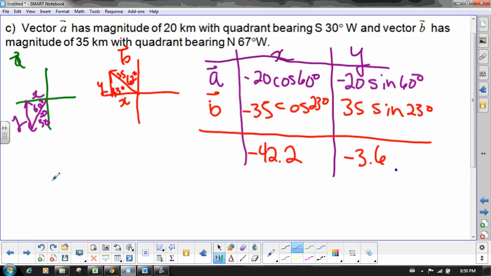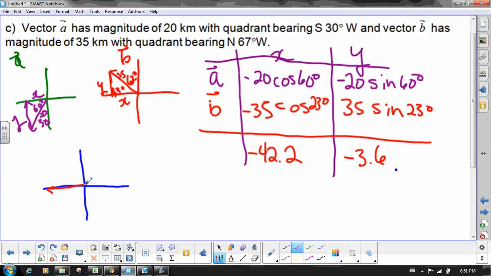When we are going to figure this out, the resultant, when I draw that, it's telling me the x component is negative 42.2. So this is going to be the x.